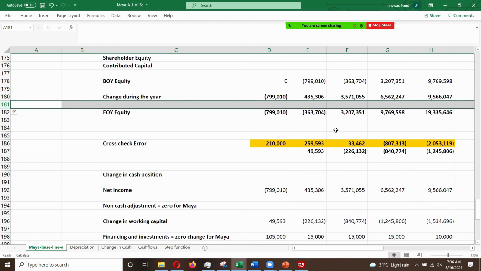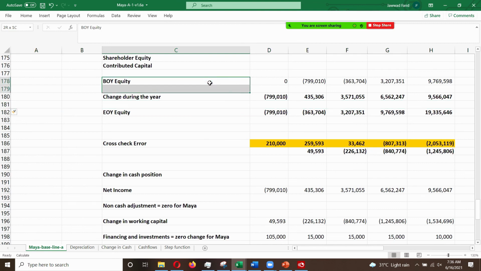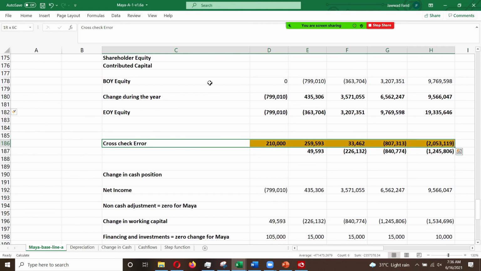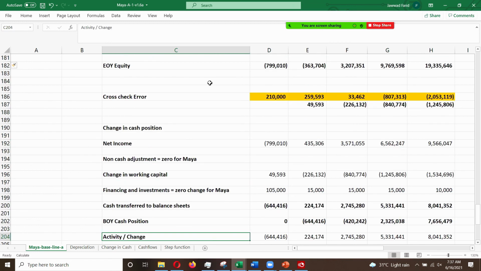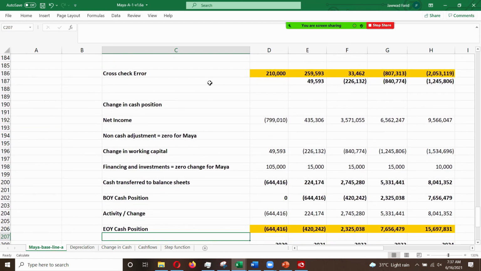Second, showcase building these 3-line formats, adding these simple cross checks that can give you a sense of whether your numbers match, whether they balance, whether they tie in, and then walking you through the process of calculating the statement of cash position.